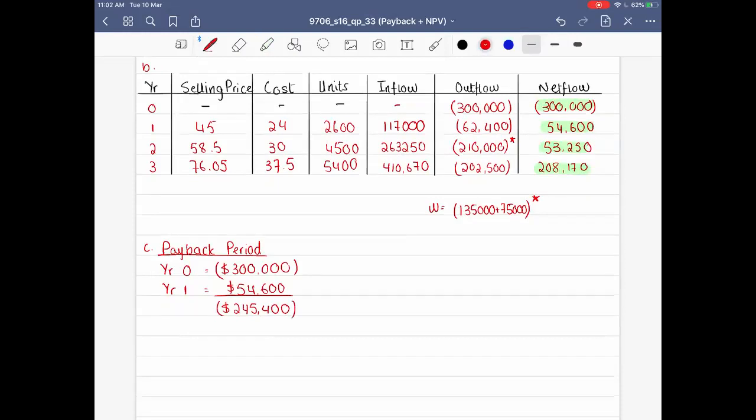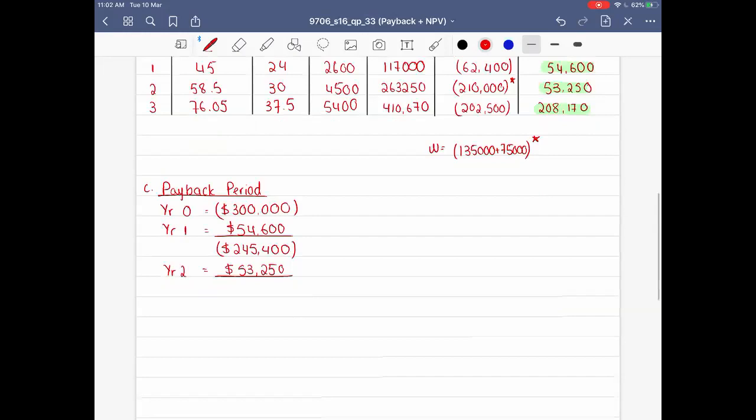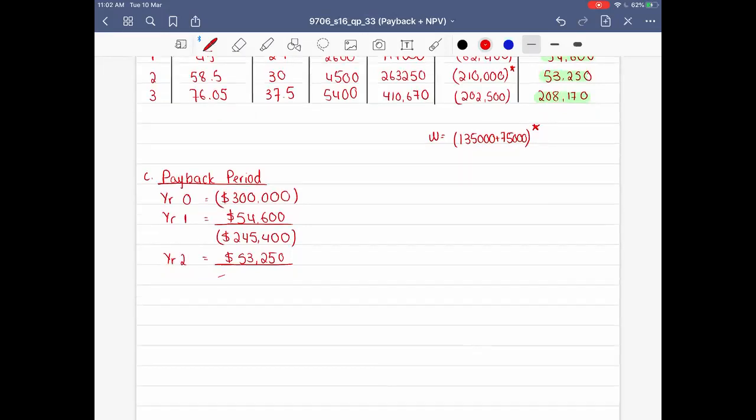Then year 2 के अंदर we recovered 53,250. So remaining leftover is 192,150. Then sir year 3 के अंदर we have received 208,170.